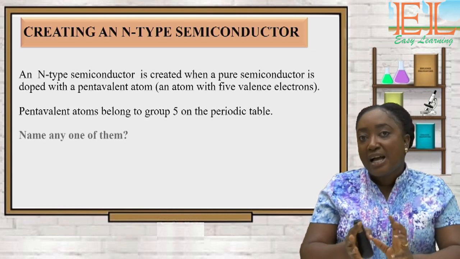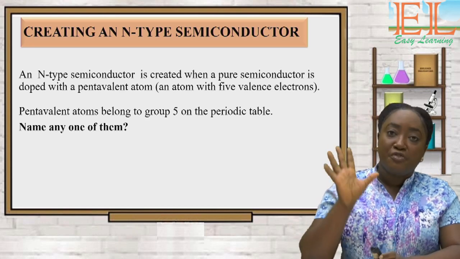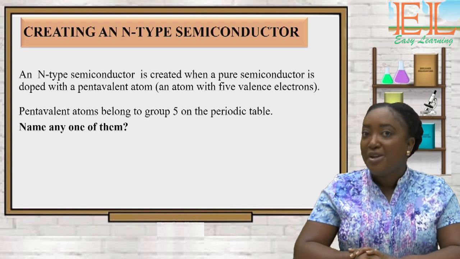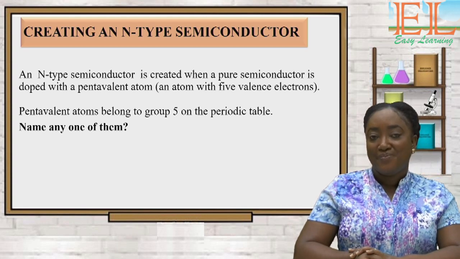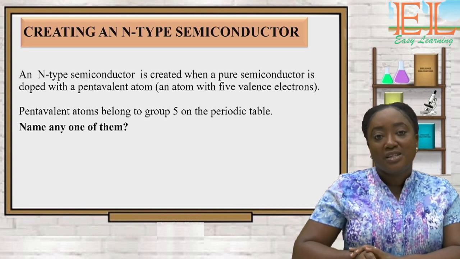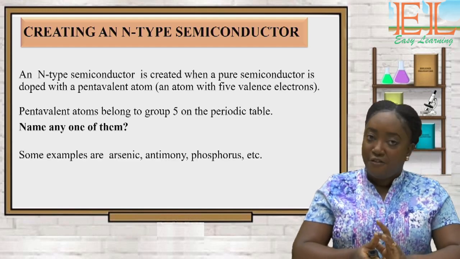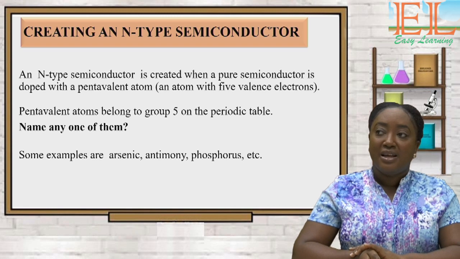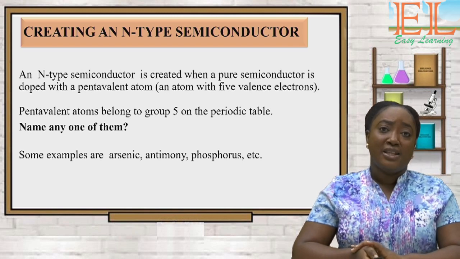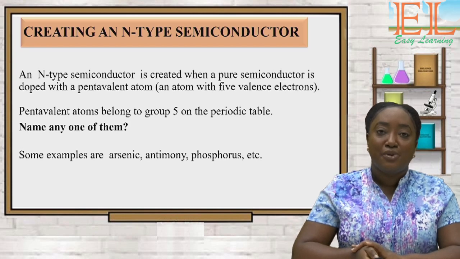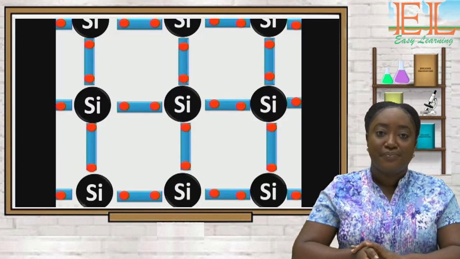These pentavalent atoms belong to group 5 on the periodic table. Can you name any of them? Very good. So examples include arsenic, antimony, phosphorus. Now let's quickly have a look at this animation that shows how N-type semiconductor is created.